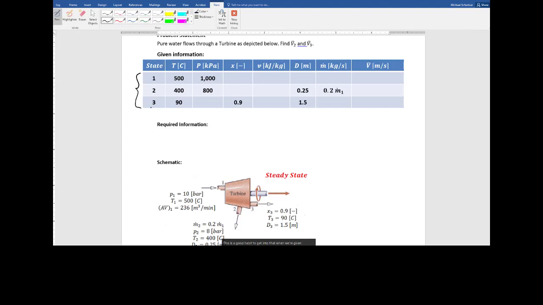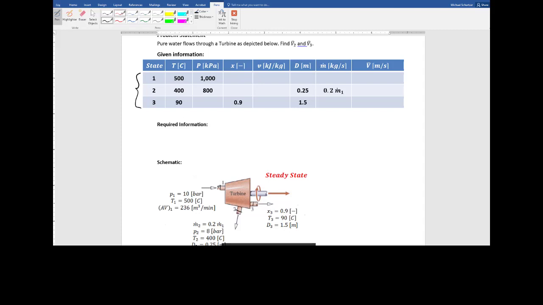So here I have my state numbers and then the different properties that are associated with the mass at these different states. Now, when we were talking about closed systems, our state numbers referred to instants in time. But in open systems, these state numbers are about points in space.